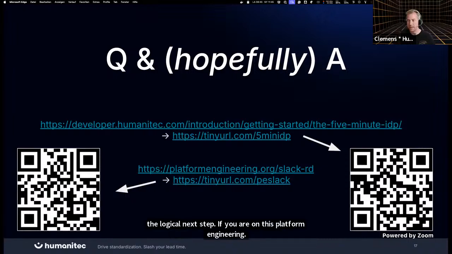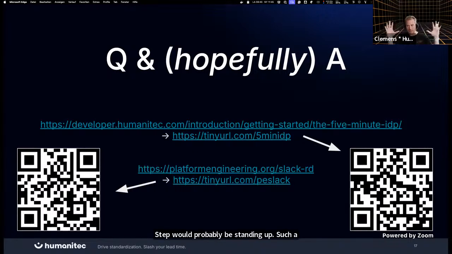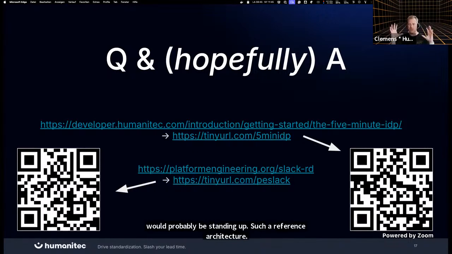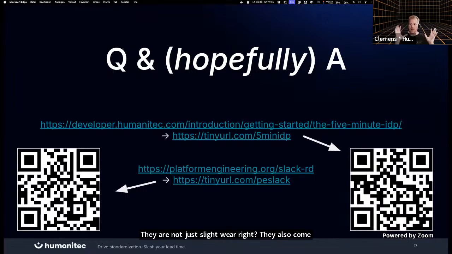Well, as I said, the next step would probably be standing up such a reference architecture. They are not just slideware, right? They also come fully open sourced in a terraformed state. So you can pick them and stand them up quite quickly. It should take about an hour or so. But obviously they are attached to quite some cloud cost.